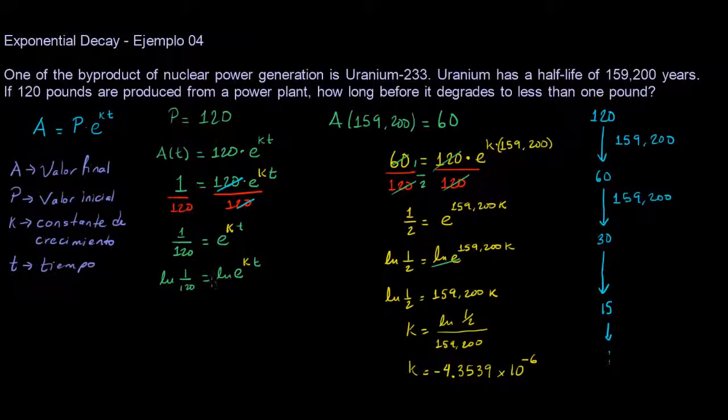We cancel out the natural log and e again, and we get the natural log of 1 over 120 equal to k times t. Then we have to solve for t. So t will be the natural log of 1 over 120 over the value of k that we found, which is -4.3539 times 10 to the -6, a very small number.